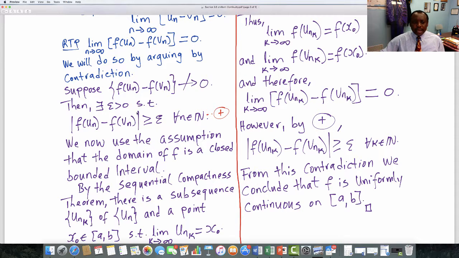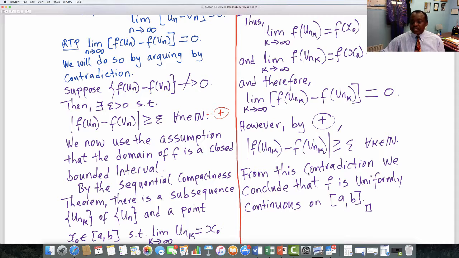But wait a minute. By the inequality star, the absolute value of f(u_{n_k}) minus f(v_{n_k}) is greater than or equal to epsilon for every k in N, which is a contradiction. Now, this contradiction arises from the assumption that the sequence f(u_n) minus f(v_n) does not converge to 0.